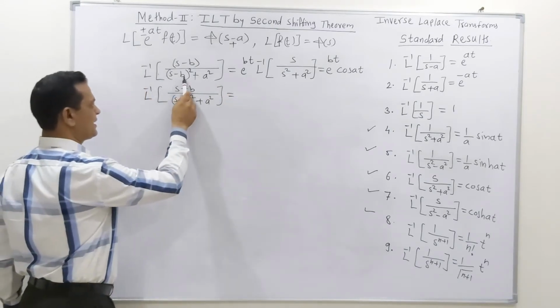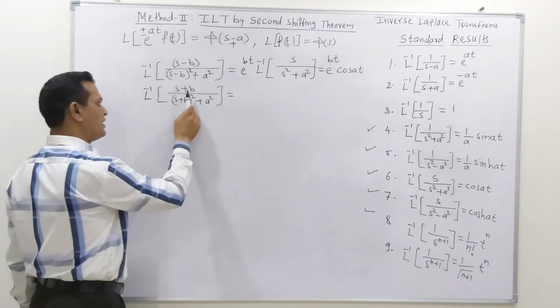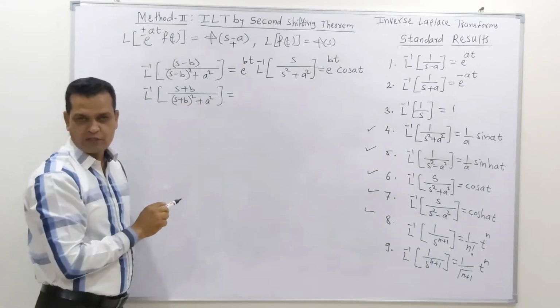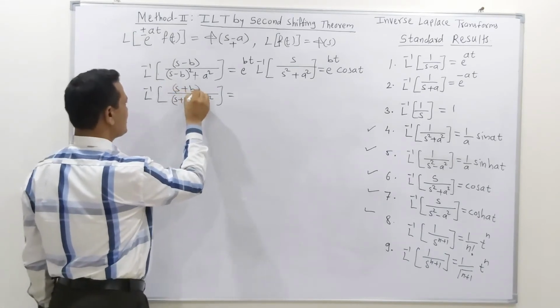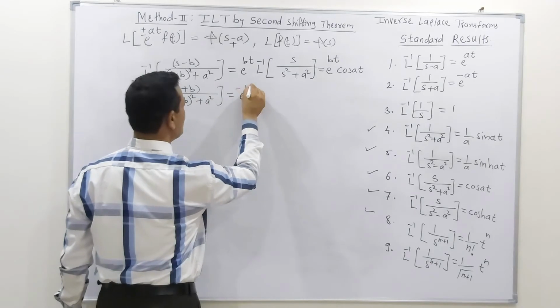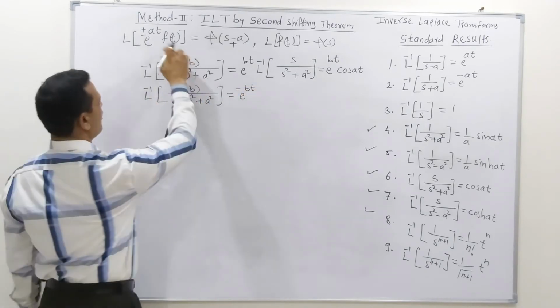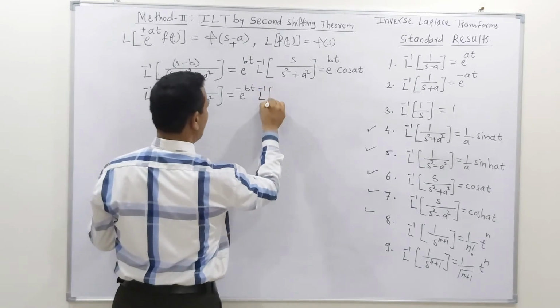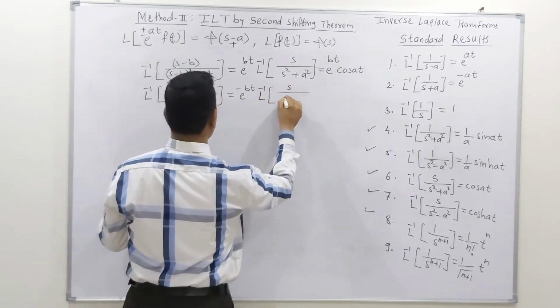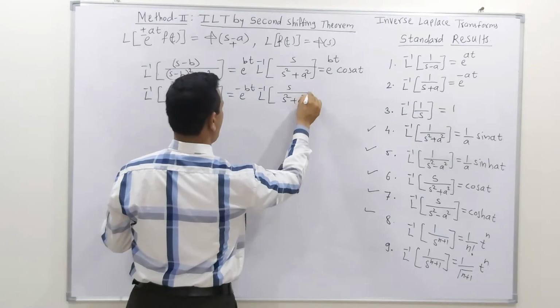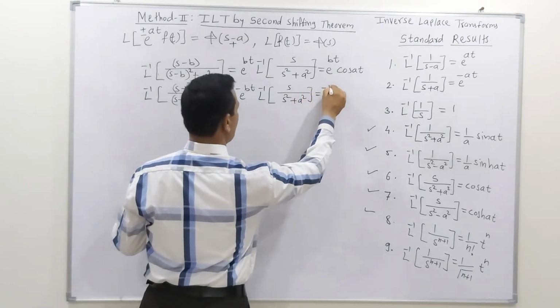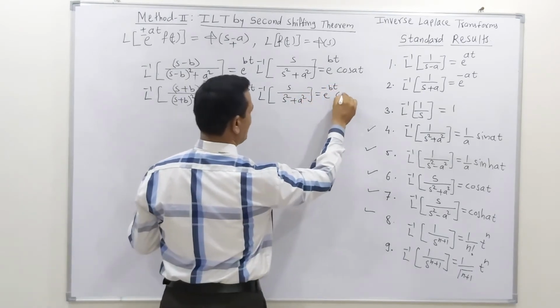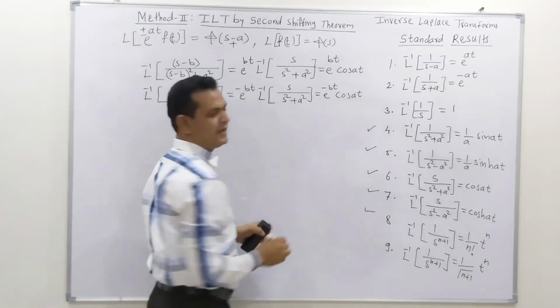Now here we subtracted constant b from parameter s. Now here we added constant b to the parameter s. So we can write this as e raised to minus bt according to the first shifting theorem into the inverse Laplace transformation of s upon s square plus a square, which is e raised to minus bt into cos at.